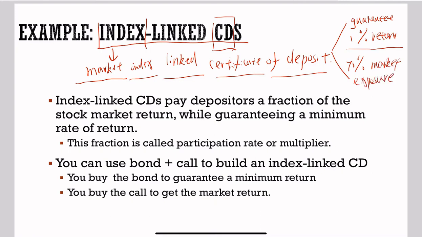Then this basically means if the stock market returns 10%, if you buy this index linked CD, you can get 7% of the market return. So you can see why this is an actual financial product which has some merits. It gives you this upside, and at the same time, it gives you this safety, because you know that no matter what happens, you will get 1% return.